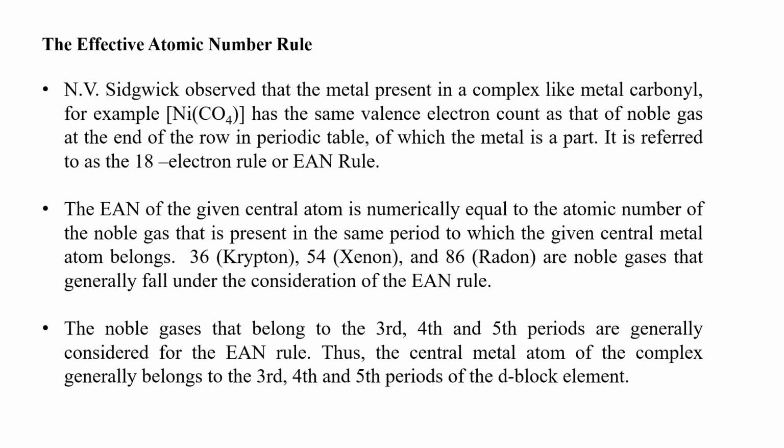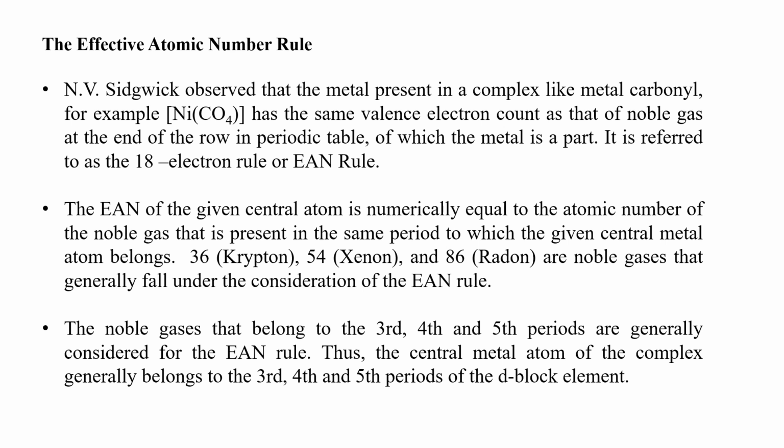Let us see it in a little more detail. Henry Sidgwick observed that the metal present in any complex like a metal carbonyl, for example nickel tetracarbonyl, has the same valence electron count as that of the noble gas at the end of the row of the periodic table of which the metal is a part. So it is referred to as the 18 electron rule or EAN rule.